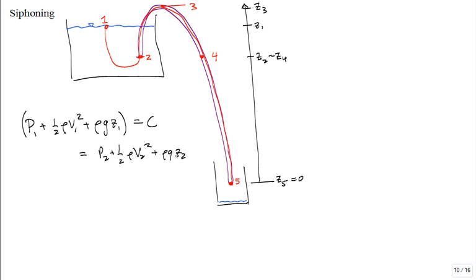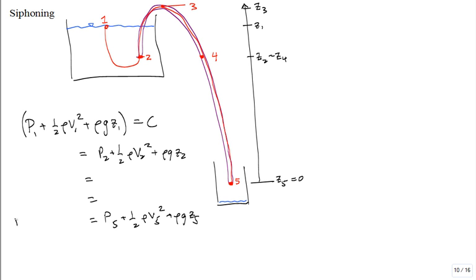Sure, if I just wanted to go from 1 to 2, but it's also equal to the same for 3, the same for 4, the same for 5. So P5 plus 1/2 rho V5 squared plus rho g z5. True? Did I write Bernoulli's equation correct for that? Let's focus then on going from state 1 to state 5.